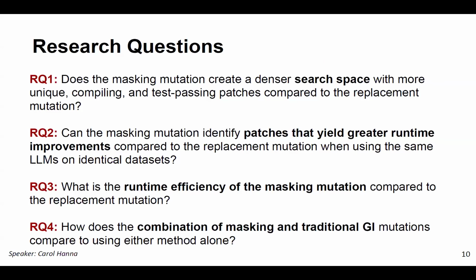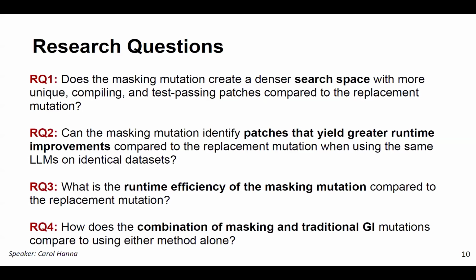Briefly going over the research questions, we explored 4 questions. First, looking at the search space that is generated by the masking mutation in comparison with the replacement mutation from previous work, as well as with the classic GI edits. So we ask whether the search space created by this operator has more unique tests, more compiling tests, more test passing tests. We compare and contrast.